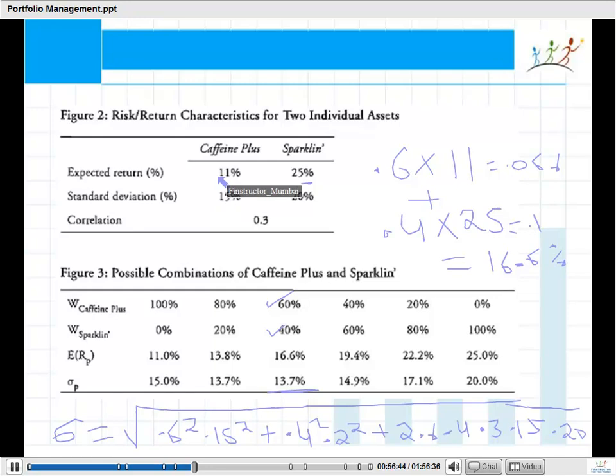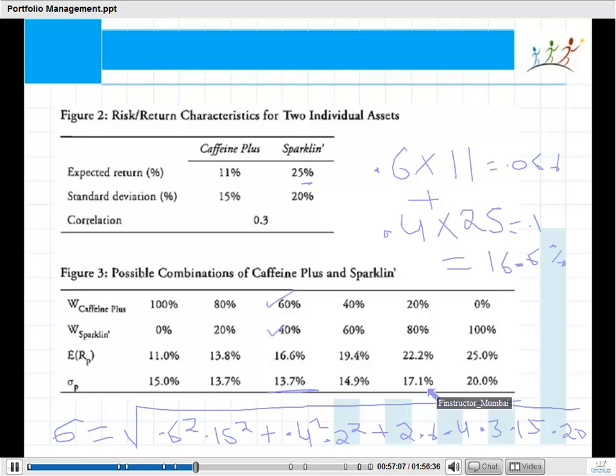It would be the same as that of caffeine plus. It would be 11% expected return and 15% expected risk. If I had 20% caffeine plus and 80% sparkling, could I apply the same formula in the same manner and compute the expected return and expected risk?